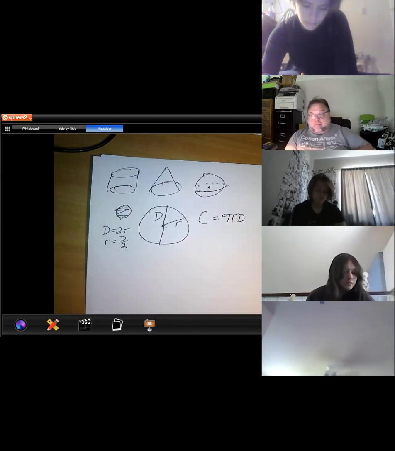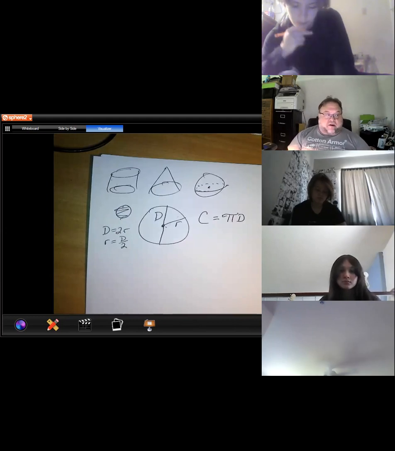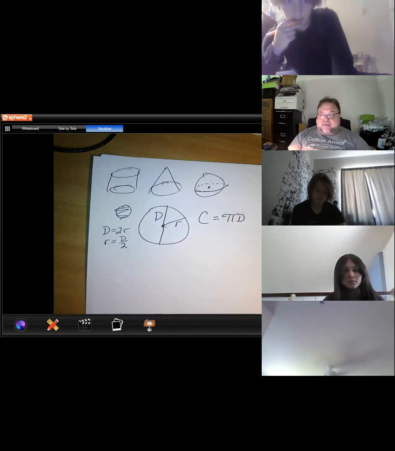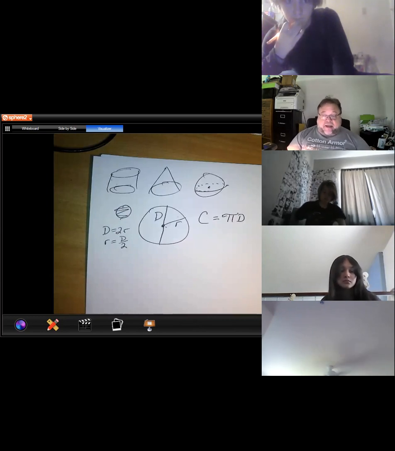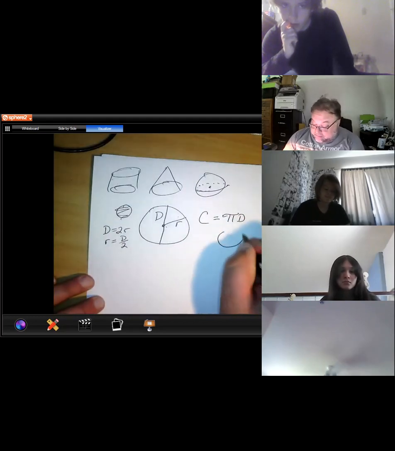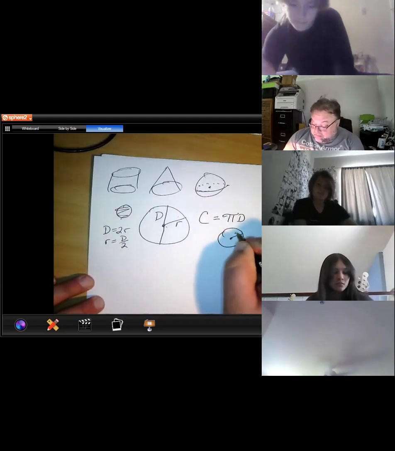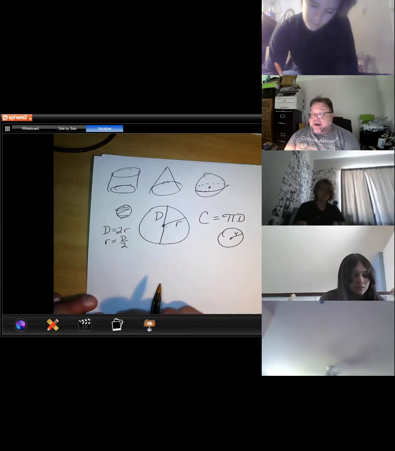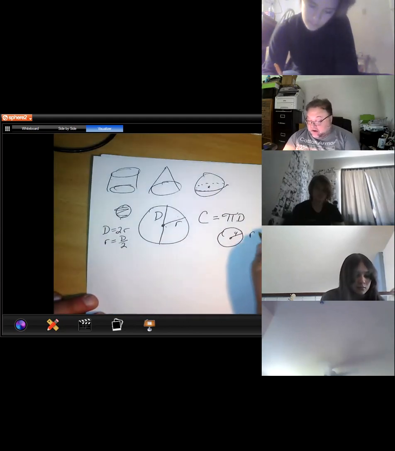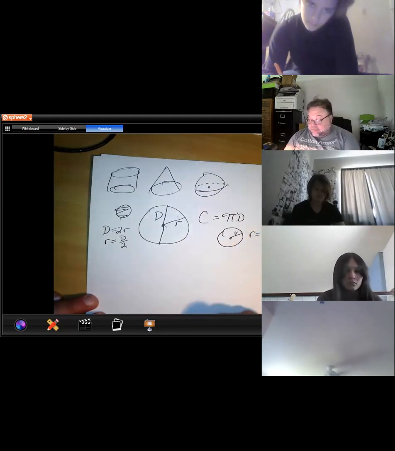So in most of the equations we're going to be using, it uses r, which means you're going to have to make sure you have the value of r, not the value of d. If you have d, then you have to divide it by 2, so you have the value of r. For example, if I look at this, I see that I have an r of 4.